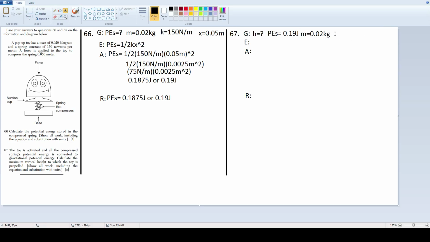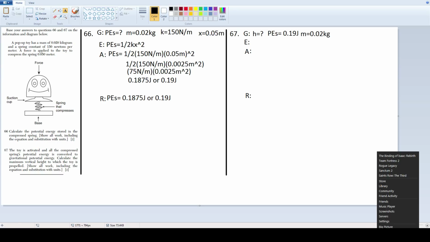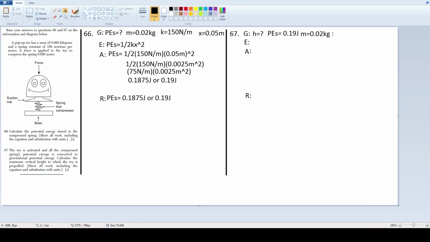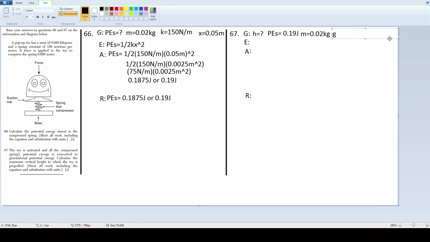And let's see, what else do they give us? Oh, and in the problem they mention it is converted to gravitational potential energy. One thing that we do know is that we can write gravitational acceleration, or g, is equal to 9.81 meters per second squared.